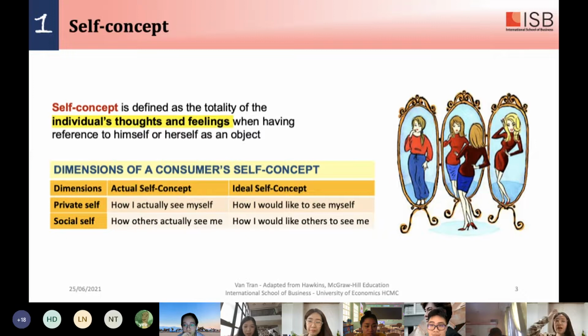So all of these perceptions or attitudes of one person about themselves, either actual information that they see from their own perception or others' perception, or some kind of expectation they have for themselves and in front of other people, all of these construct what we call the self-concept of one person.